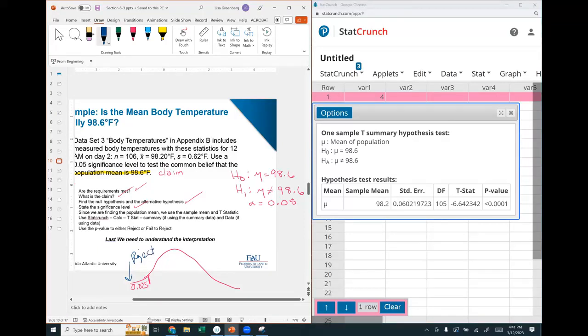So now I can reject my null hypothesis, which means we can reject that mu is equal to 98.6. It is not.